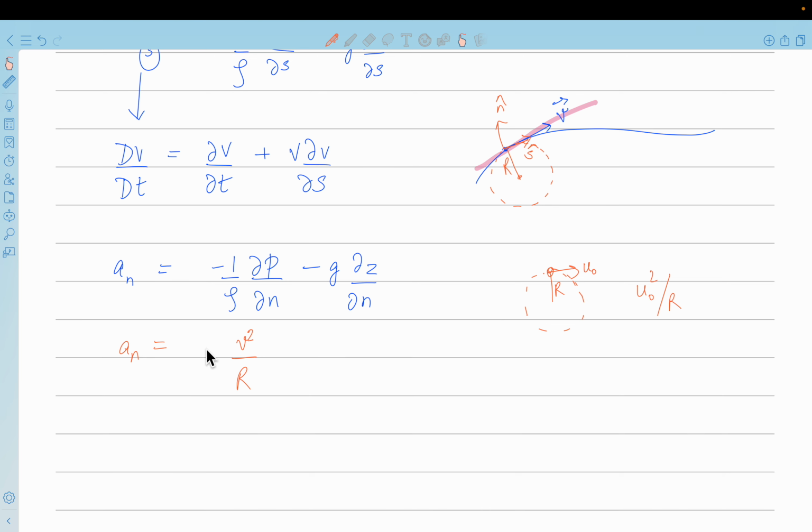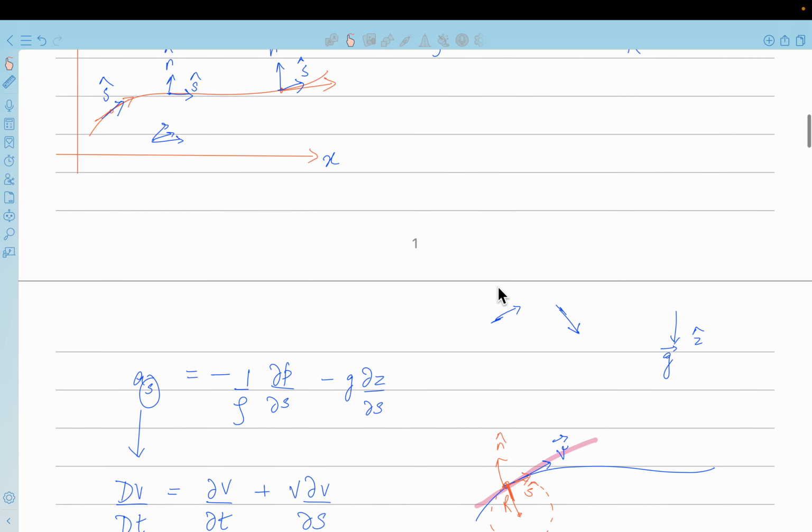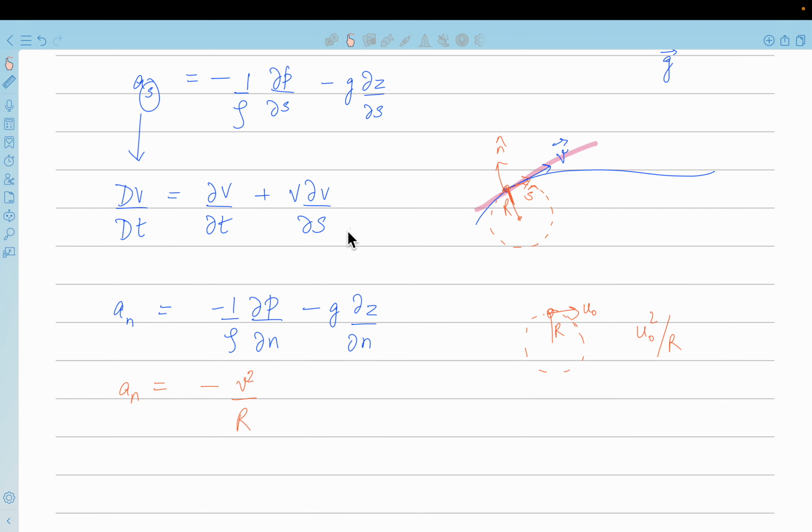And this acceleration will be negative because v square by r is the force that is pulling the fluid element into the circle, right? So in the n cap direction, it is actually negative. Okay, so if you put this back into this equation, you will get what I had written here. And similarly we have also the equation in the s cap direction. Are there any questions for this?